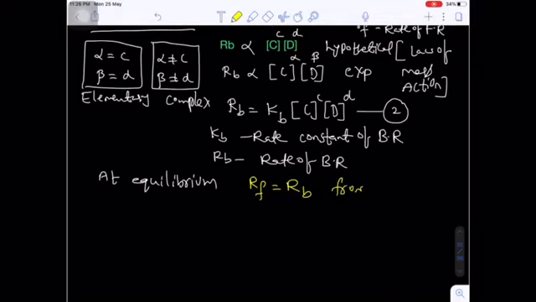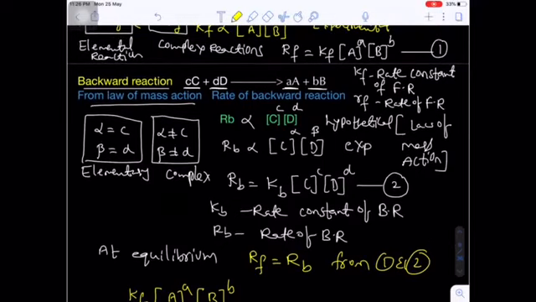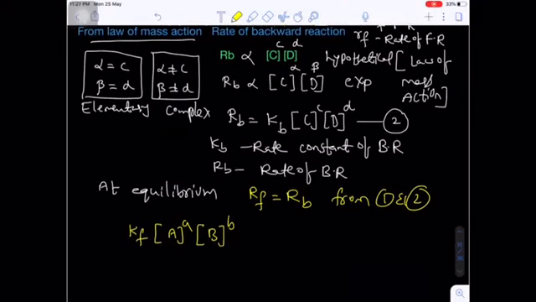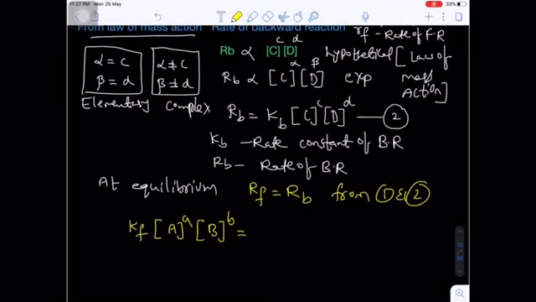So from equation 1 and equation 2, shall I write Kf into A to the power small a, B to the power small b. That is the equation 1. In equation 1, on the right hand side, Kf into A to the power a into B to the power b. In equation 2, on the right side, Kb into C to the power c into D to the power d.